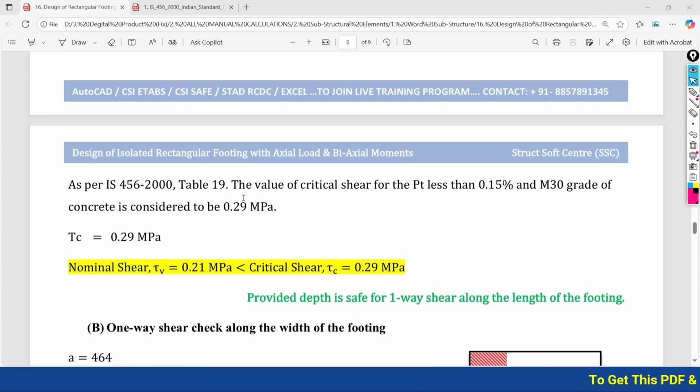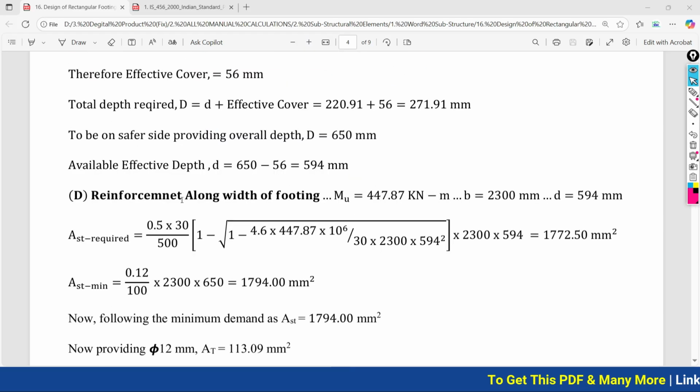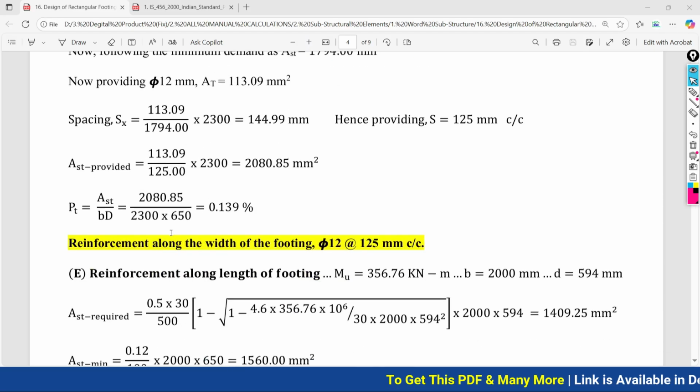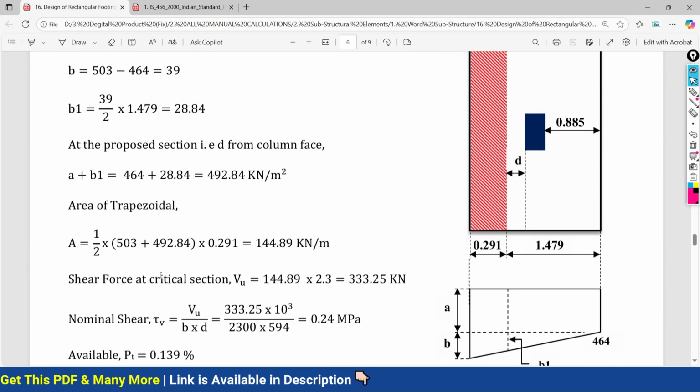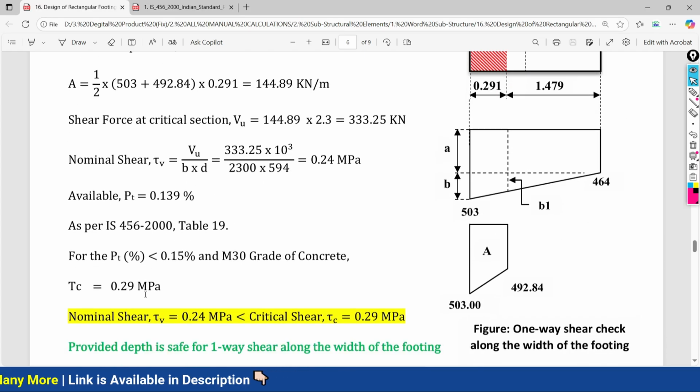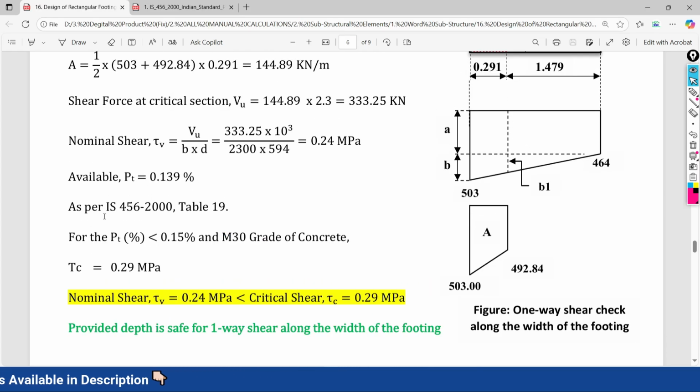If you are going to see the previous calculation, reinforcement along the width of the footing, so percentage of the reinforcement available along the width of the footing 0.139. So the same percentage of reinforcement we are going to use here 0.139 as per IS 456 2000 table number 19.